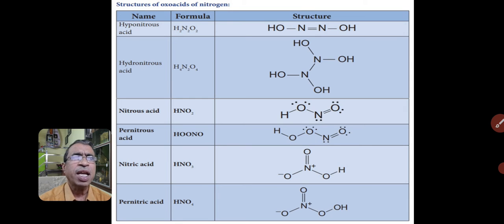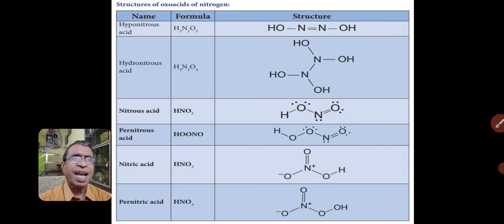Hyponitrous acid contains an N double bond N group and both the nitrogen atoms contain OH groups. In the case of hydronitrous acid, there is an N single bond N and both nitrogens contain two OH groups. So the formula becomes H4N2O4.